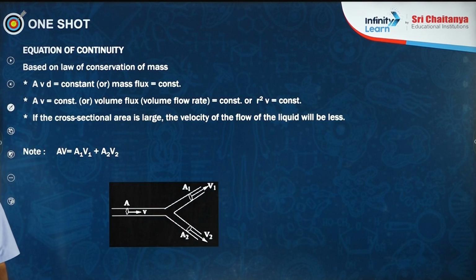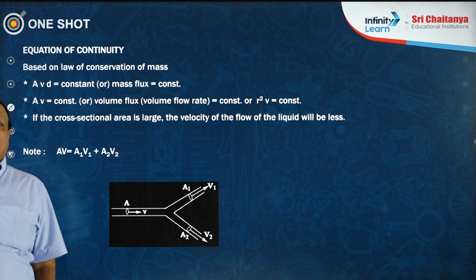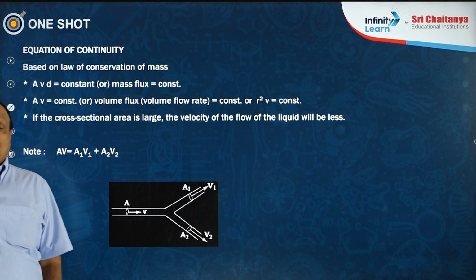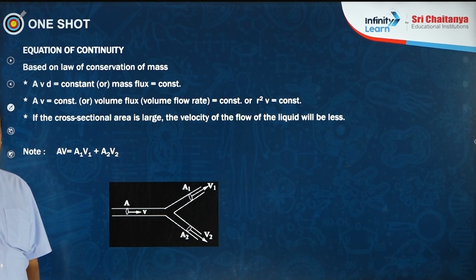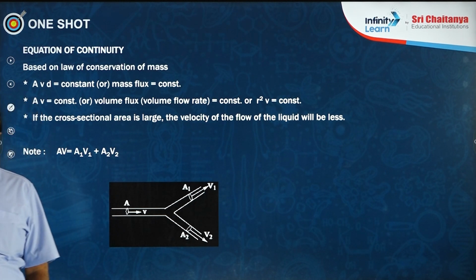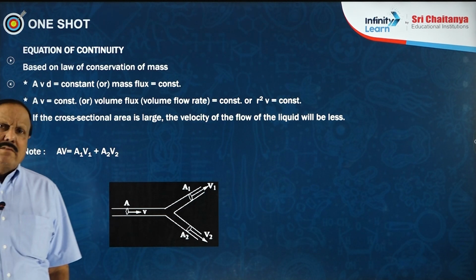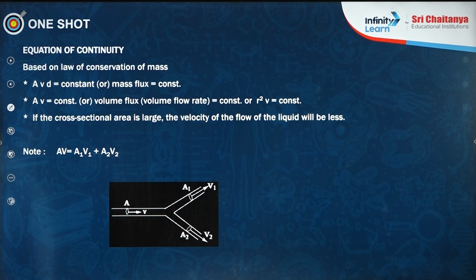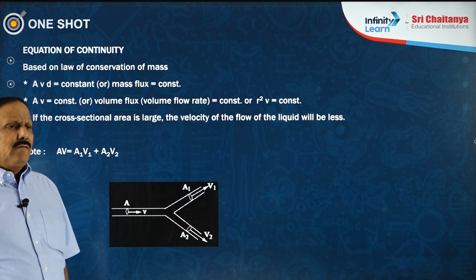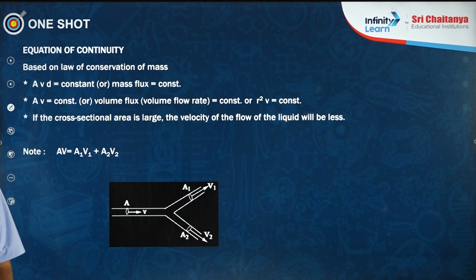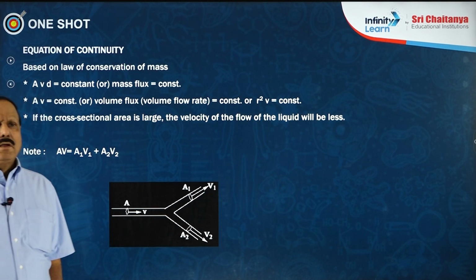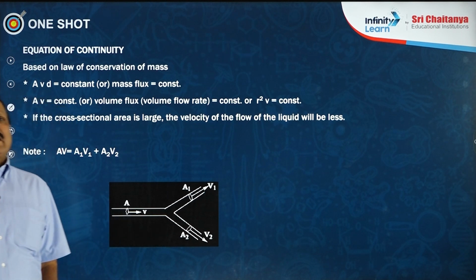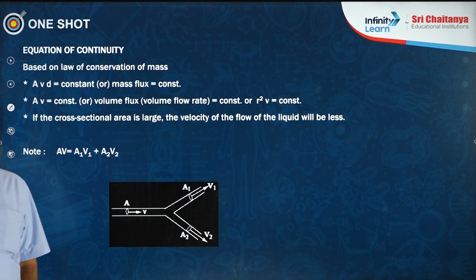Next, very important, is Bernoulli's theorem. Bernoulli's principle says that whenever a liquid is flowing through a pipe or on any surface, the three types of energies of the liquid will be constant. What are the three types? Potential energy, kinetic energy and pressure energy.